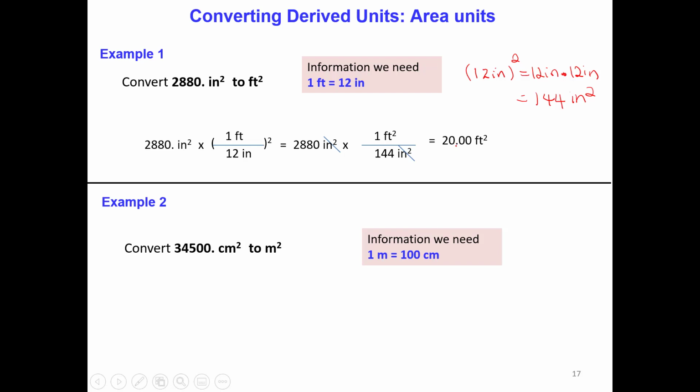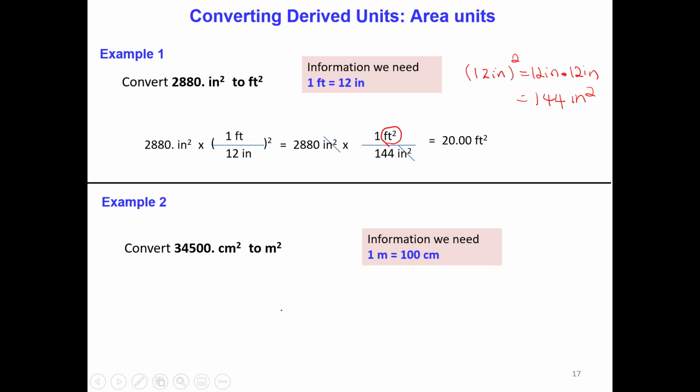But here we had to be careful because we need 1, 2, 3, 4 significant digits, and we need to write the answer using the correct number of significant digits. Then 1, 2, 3, 4. And the units are feet squared. Then remember, here we divide 2,880 divided by 144. Yes, this is how we got 20.00.